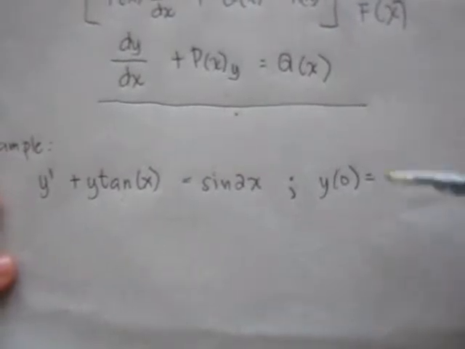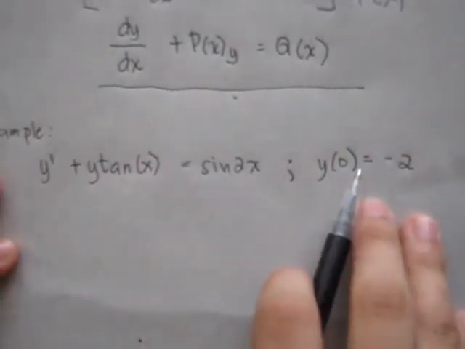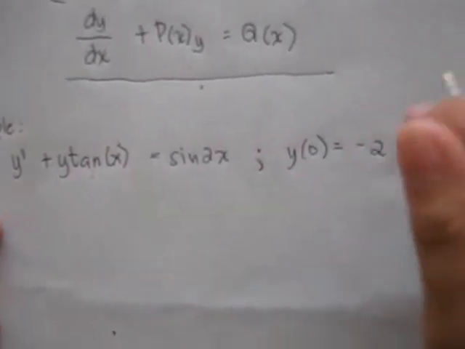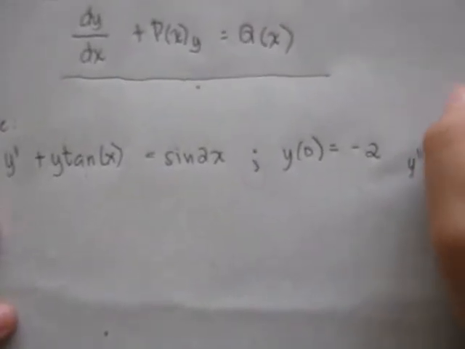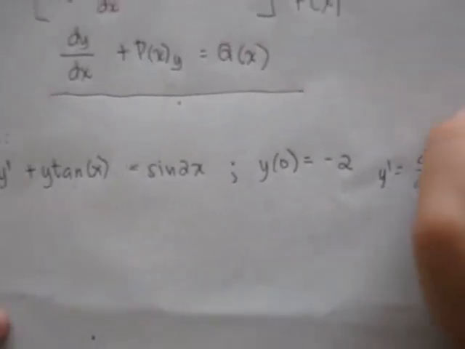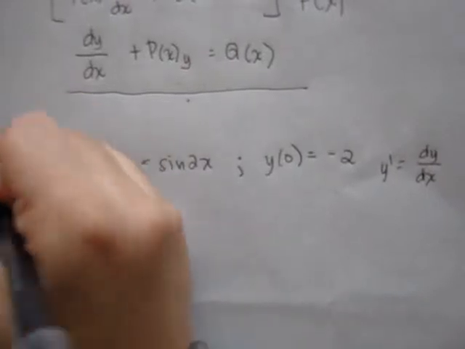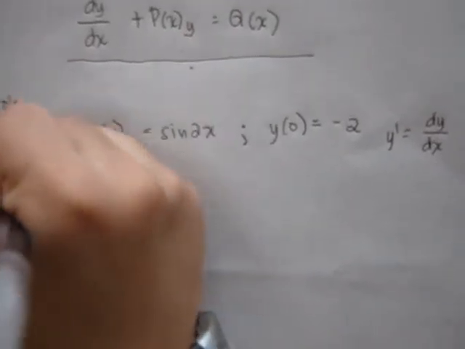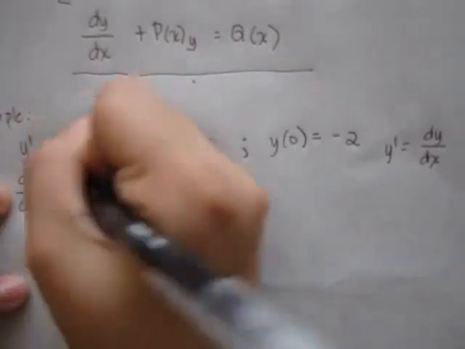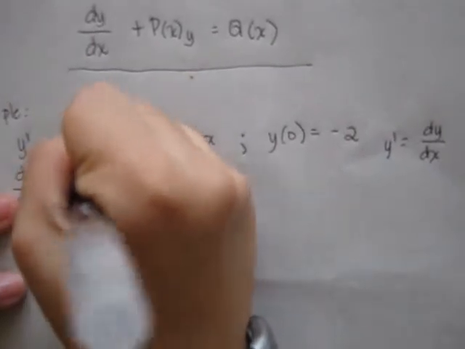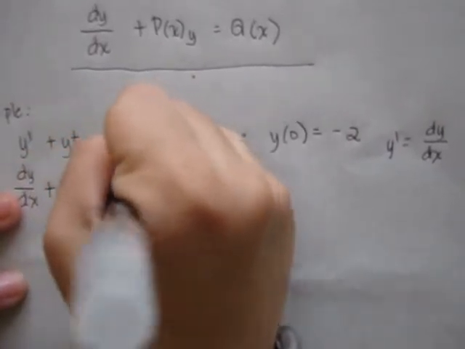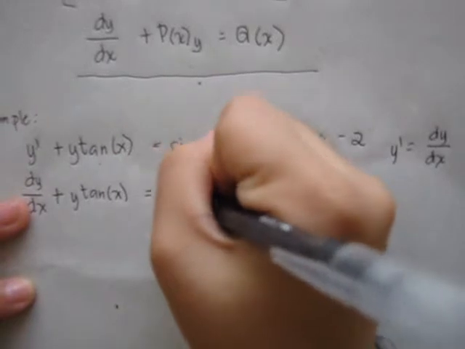So we are asked to get the particular solution for this one. As we all know, y prime is just dy over dx. So plugging this in, dy over dx plus y tan x is equal to sine 2x.